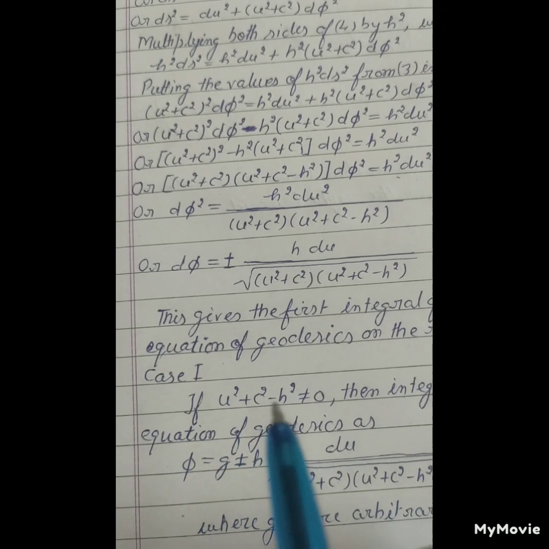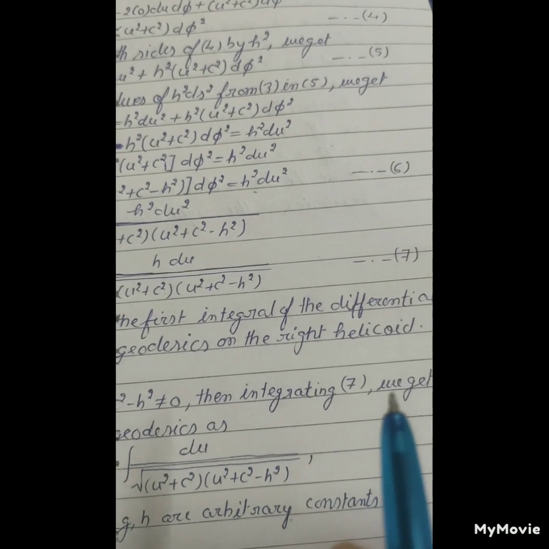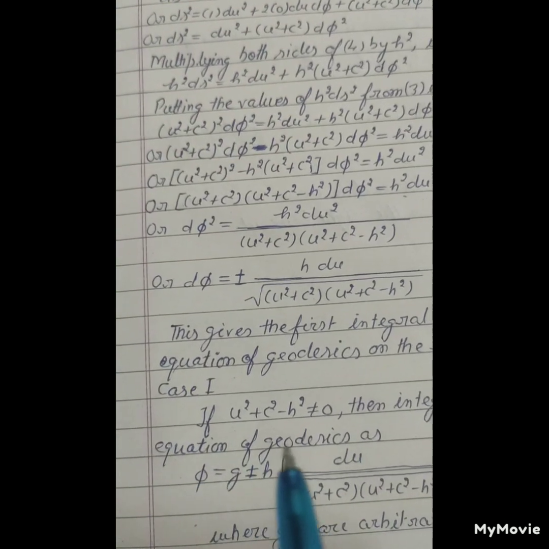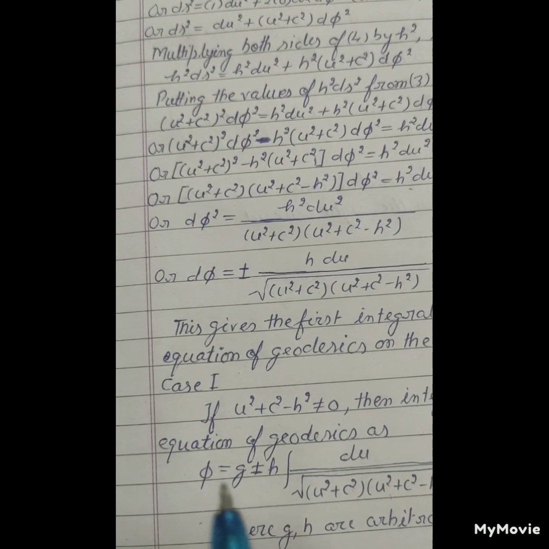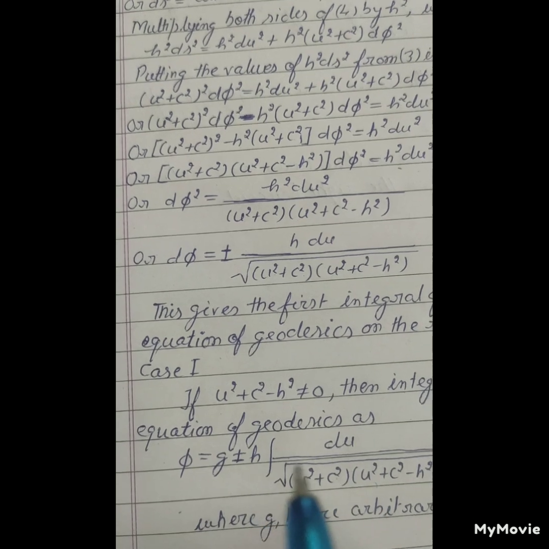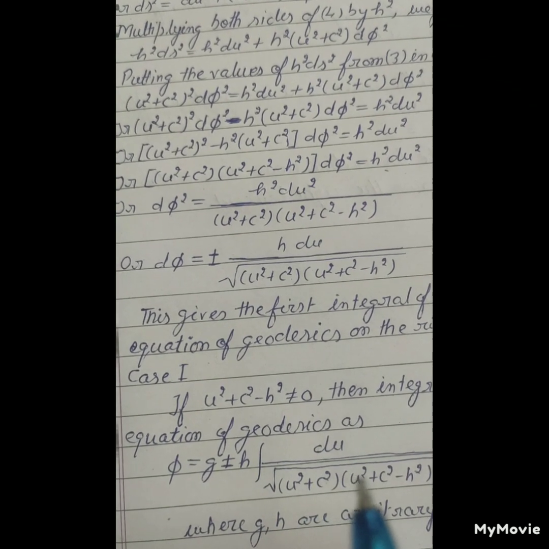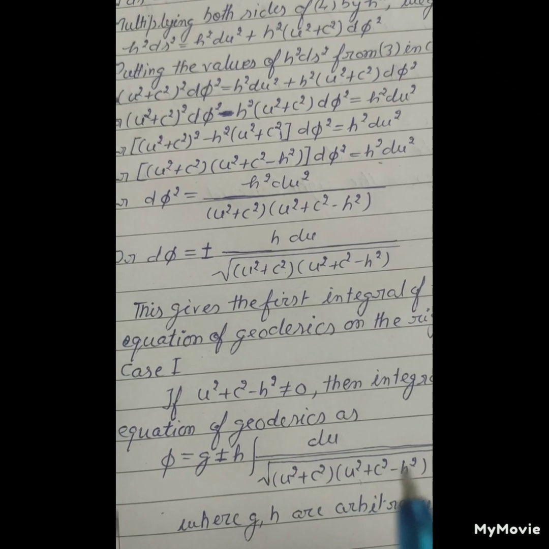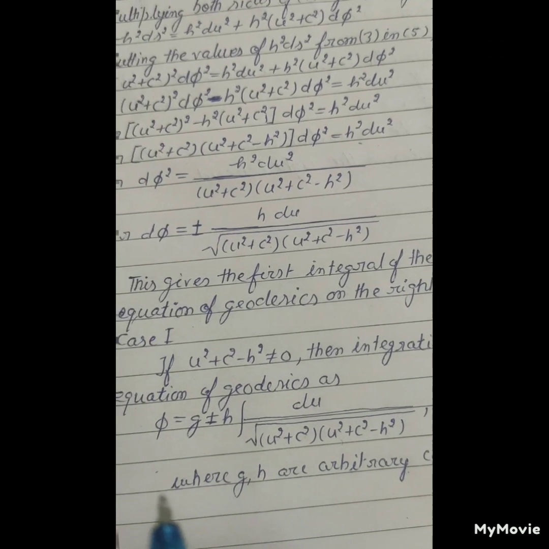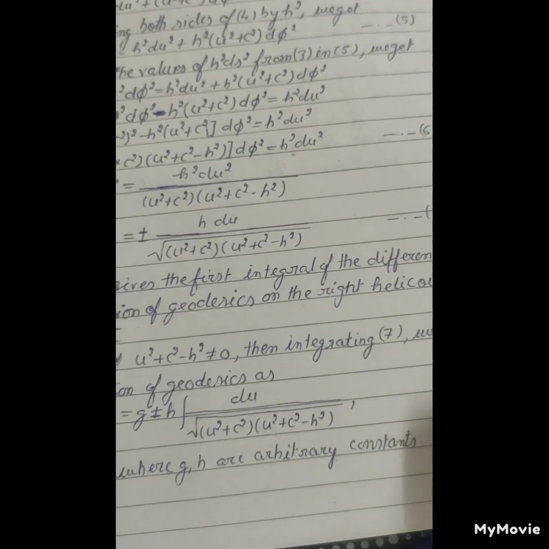If u square c square minus h square is not equal to 0, then integrating 7 we get the equation of the geodesics as phi equals g plus minus h integral du upon c u square root of (u square c square minus h square), where g and h are arbitrary constants.